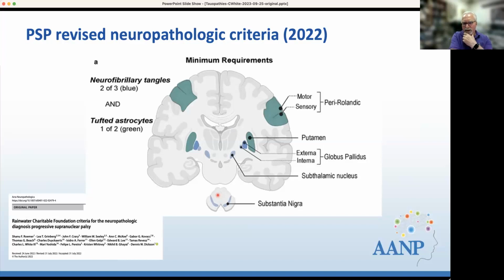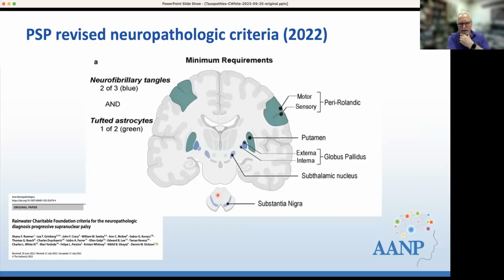The PSP criteria really rely on sections that are typically gathered for the investigation of other neurodegenerative disorders, such as those promulgated in the 2012 criteria for Alzheimer's disease and related neuropathologic entities.